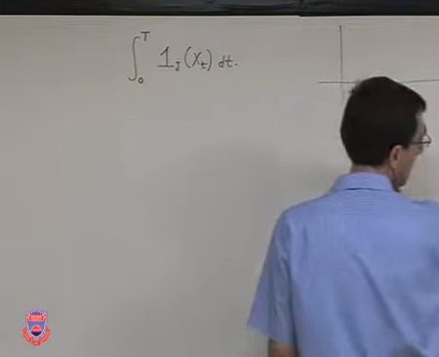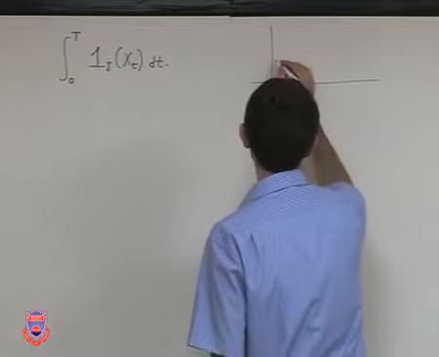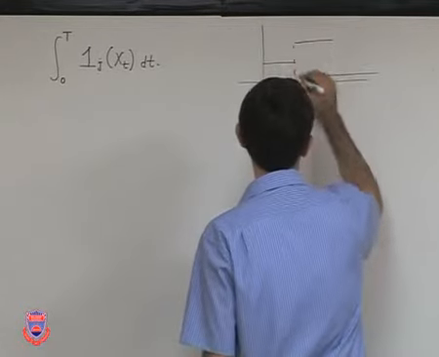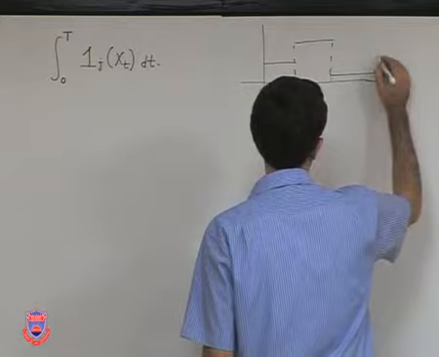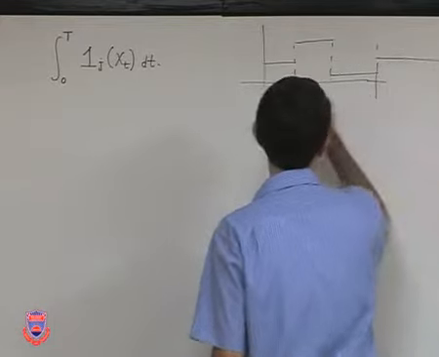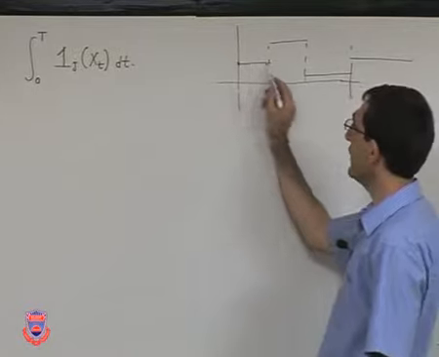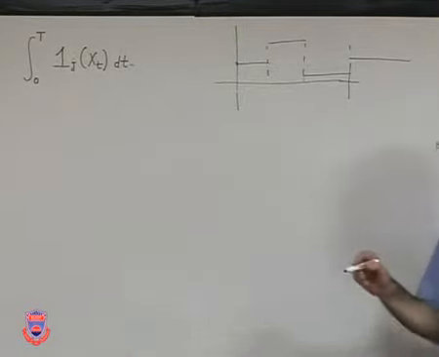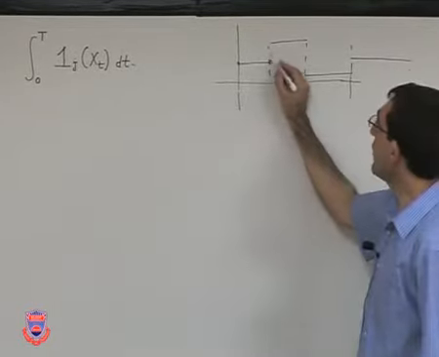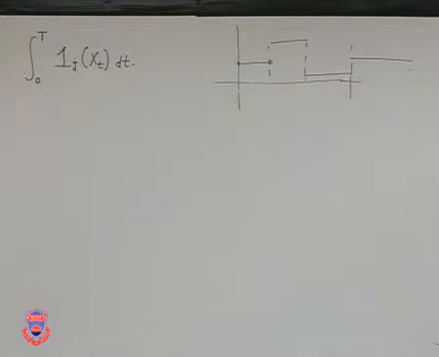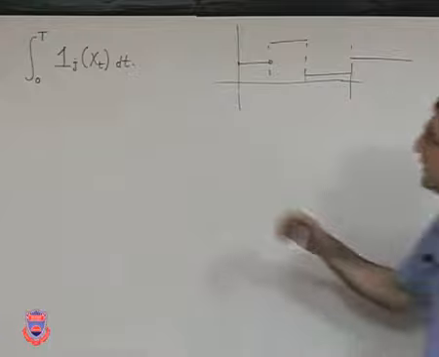This especially makes sense if you look at the picture. A typical sample path of a continuous time Markov chain looks like this. It enters a state, stays there for a positive amount of time, and then jumps to another one. So the sample path looks like a piecewise constant function.